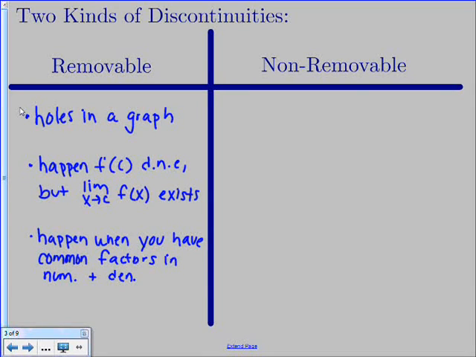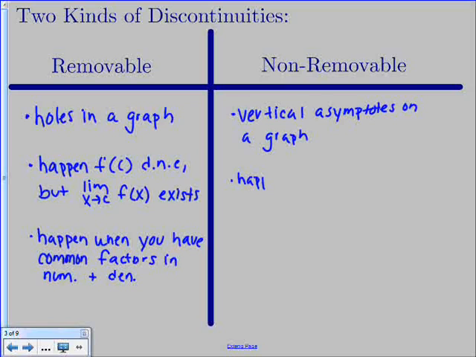Okay, so then the other type is non-removable, and what these look like are vertical asymptotes on a graph. And those are how you would see them visually. But these happen when both the function value and the limit do not exist, so when both f of c and the limit do not exist.